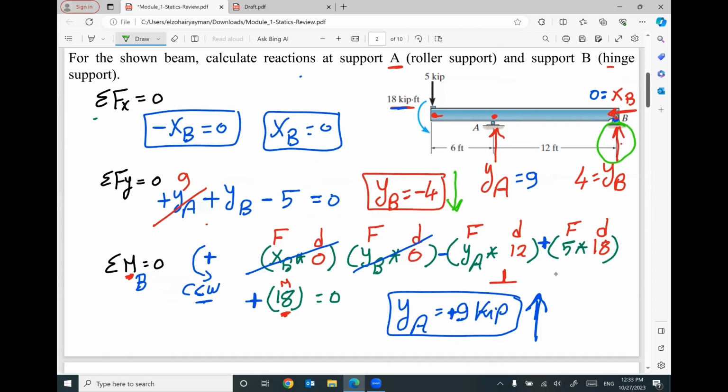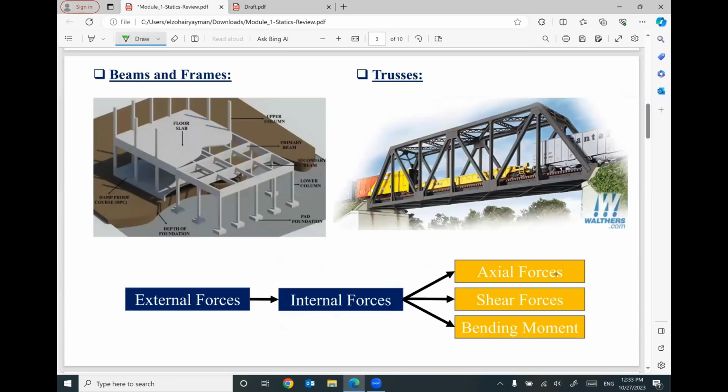Keep in your mind, this beam or any member in your structure will be under the effect of external forces. So this beam in this reinforced concrete structure is under the effect of external forces. Loads we have in any building are considered external forces.